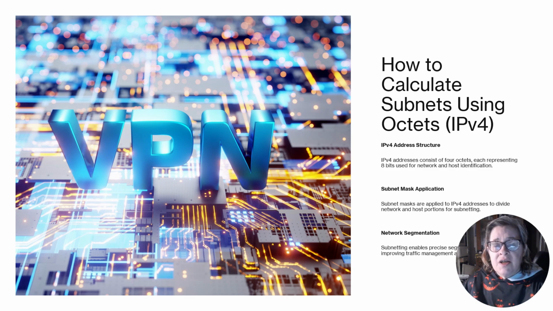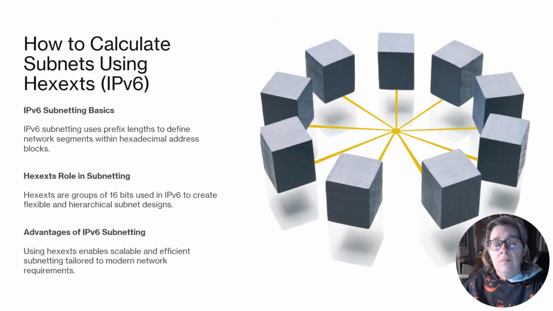Subnet calculation in IPv4 involves determining network and host portions using subnet masks applied to the 4 octets, enabling precise network segmentation. IPv6 subnetting uses prefix length applied to hexets, allowing flexible and hierarchical subnet design suited to modern networking needs.